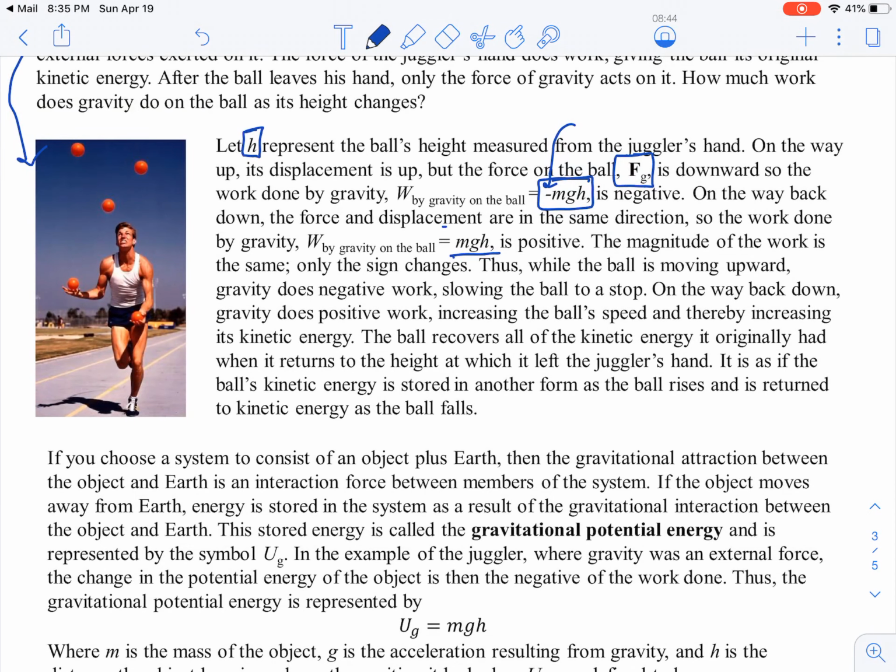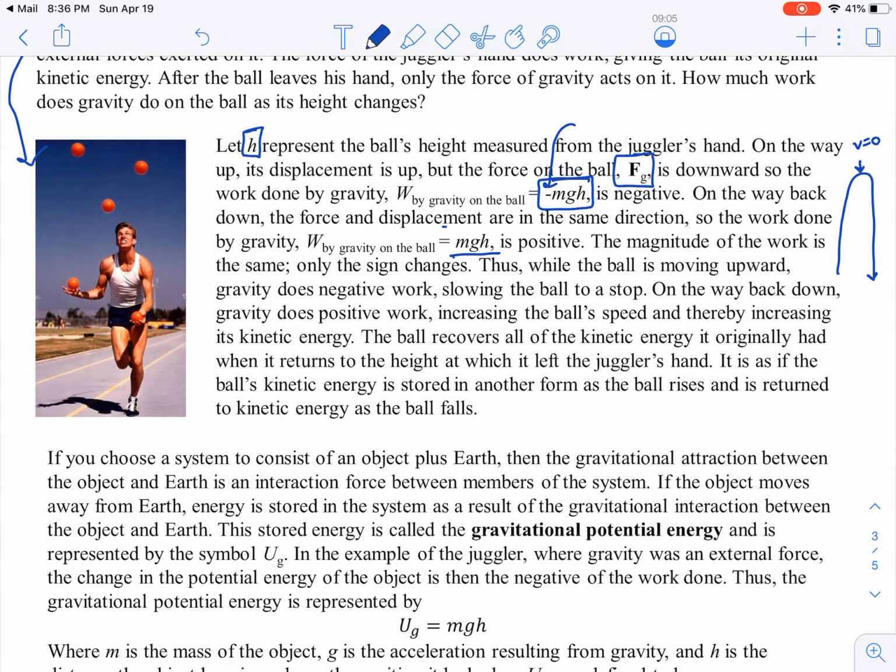While the ball is moving upward, gravity does negative work, slowing the ball to a stop, which is what we've always said. Anything that is thrown has, in an instant, a velocity of 0 at the very top. That's what it's talking about.